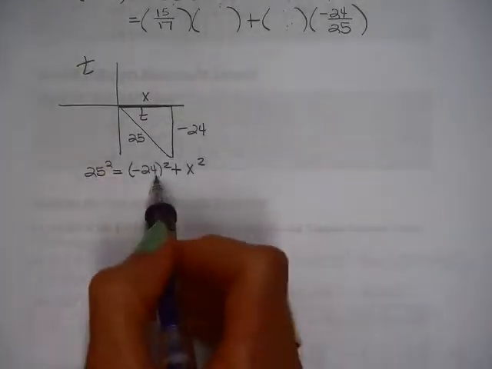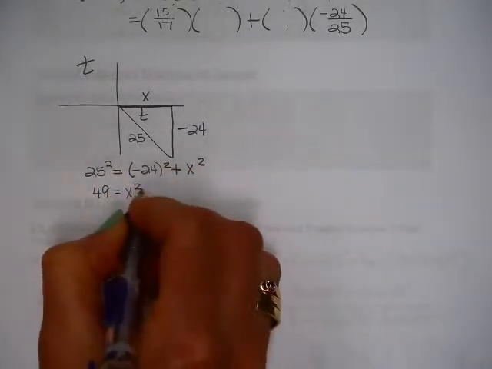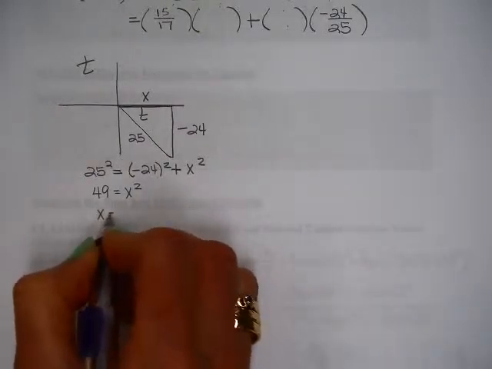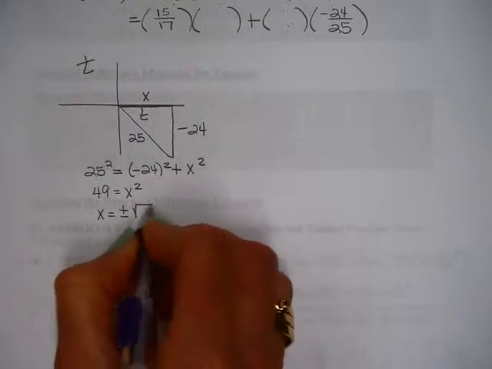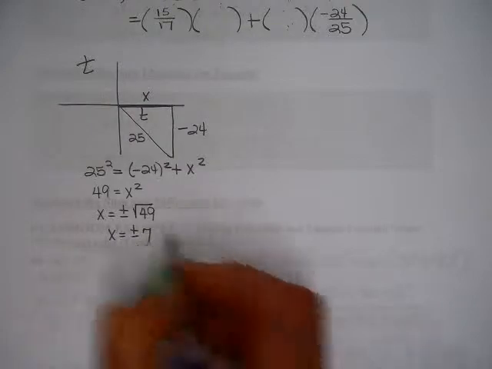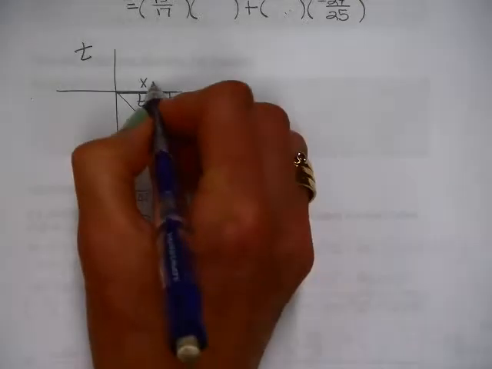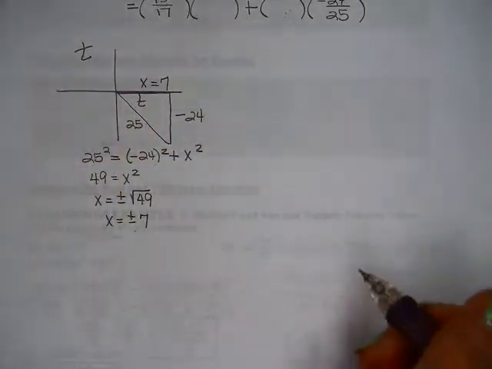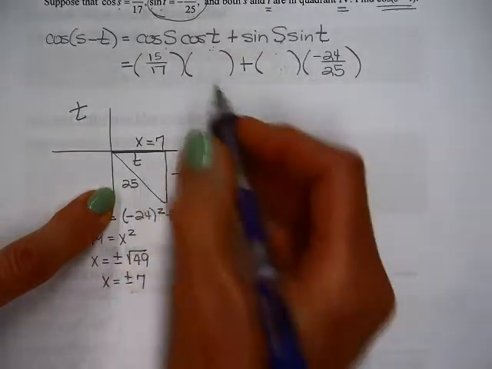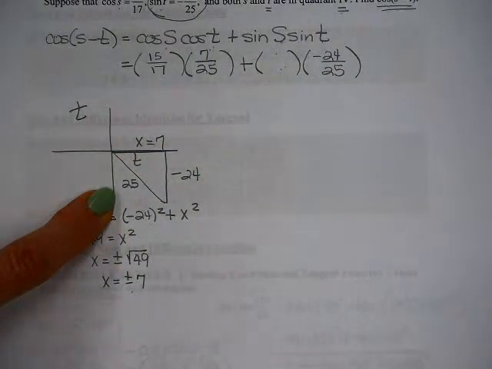Alright, when I square this and subtract it, I got 49 is equal to x squared. I take the square root of both sides. So x is plus or minus the square root of 49, so x is either positive or negative 7. Which one? Positive 7. So the cosine of this angle T is 7 over 25. Everybody got where that came from?